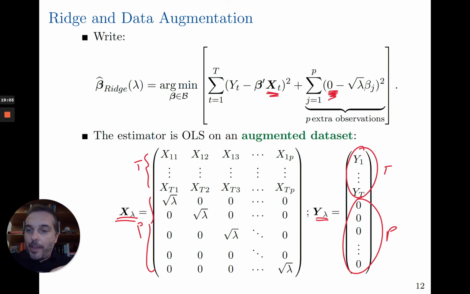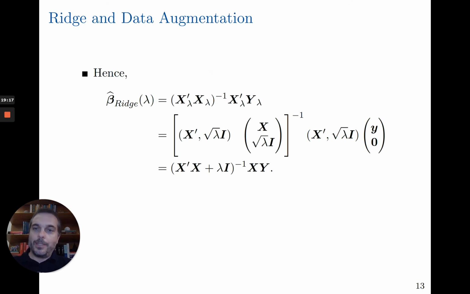Because we have p variables, we have p parameters to estimate, but now we have t plus p observations. So we have t more observations than parameters. That's the trick. So what is beta ridge? It is an OLS on the augmented data set.